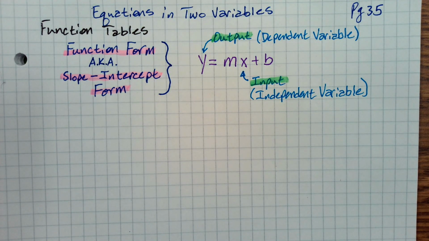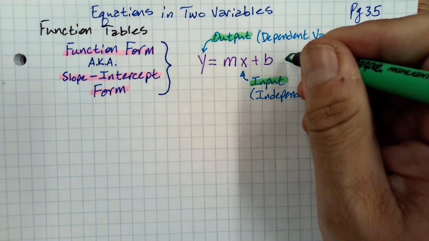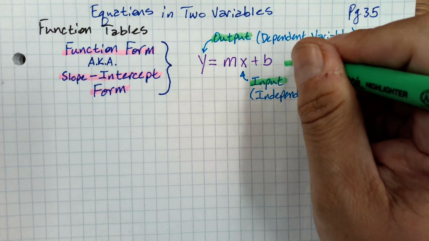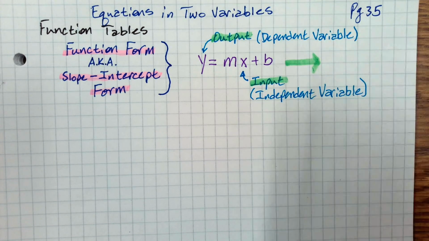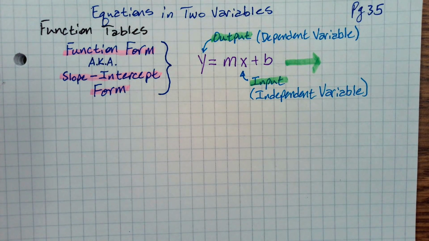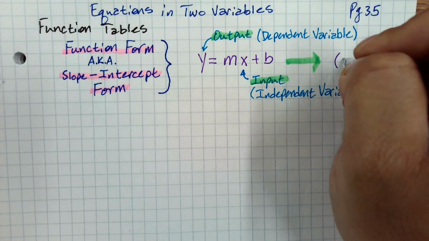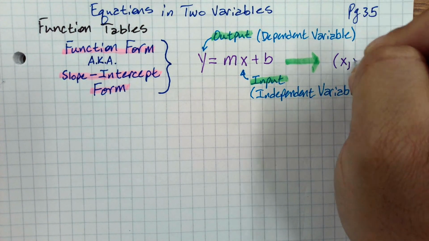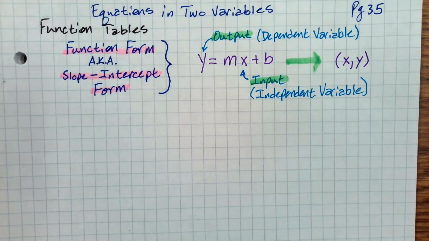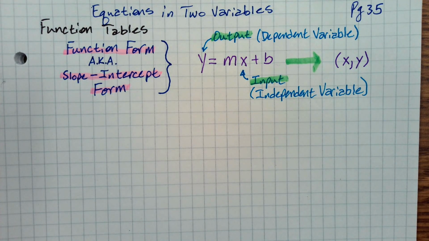Okay? Now, after all of this, if we do everything correctly, we're going to have an ordered pair. You guys remember what an ordered pair is? A pair of numbers like this. This is my ordered pair.